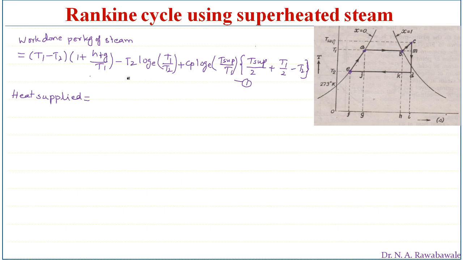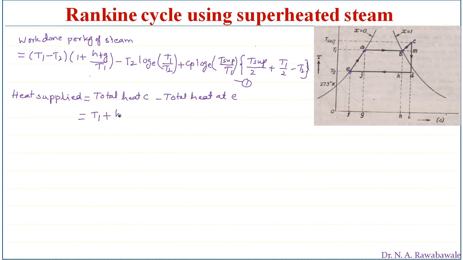So heat supplied is nothing but the difference of total heat at C minus total heat at E. So if we know total heat at C and total heat at E, we can find out the amount of heat supplied.